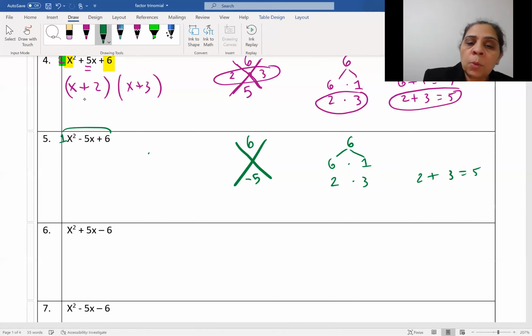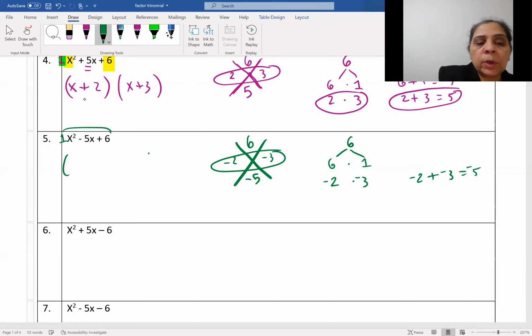Whenever the top number is positive, both numbers get the same sign, whatever the sign of the bottom number. So I can choose negative 2 and negative 3. Negative 2 times negative 3 is positive 6, and negative 2 plus negative 3 is negative 5. So I can choose those numbers, negative 2 and negative 3.